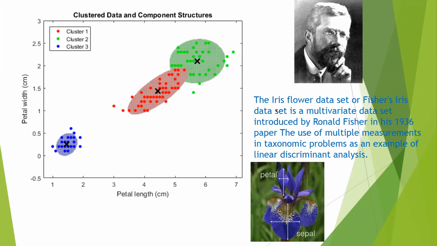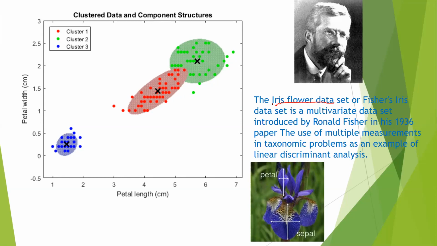This is a very famous example, the iris flower data. At that time it was not easy for him or his colleagues to get genetic data, right? What they could observe was just the phenotypic variation.